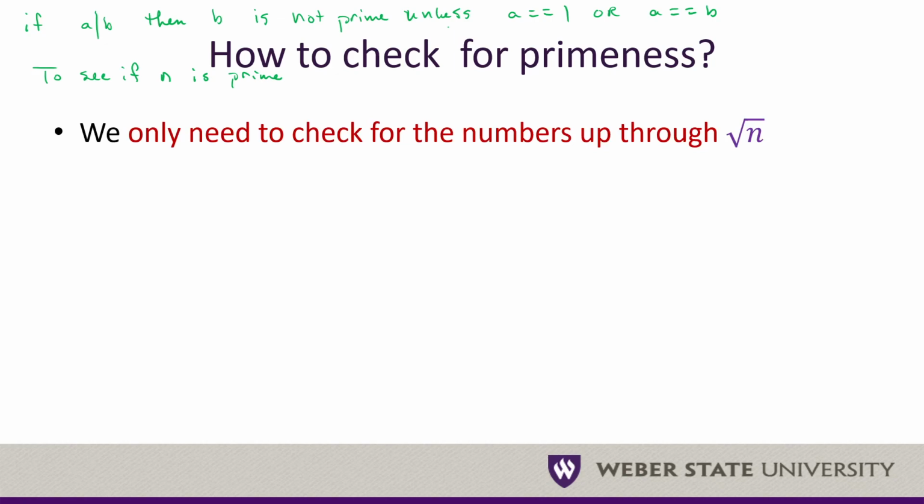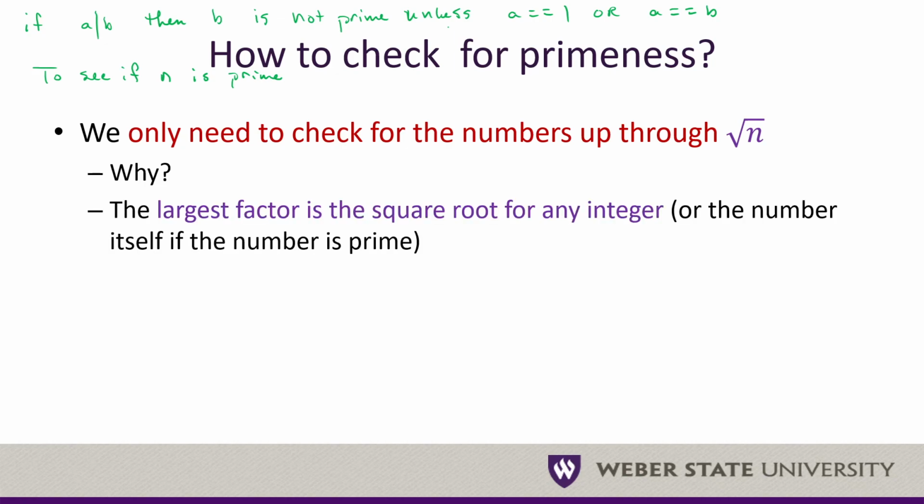Yeah. We only have to check up through the square root of n. Why is that? Why don't I have to go up to n? Well, for any number, assuming it's not a prime number, the largest factor that I can have is going to be the square root, or smaller than the square root.